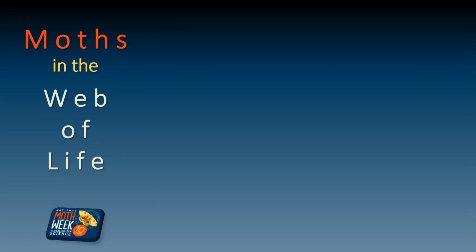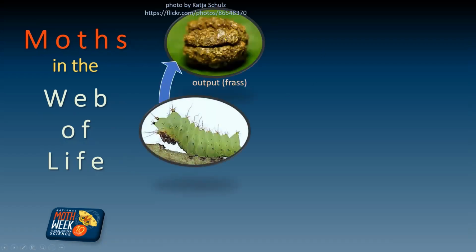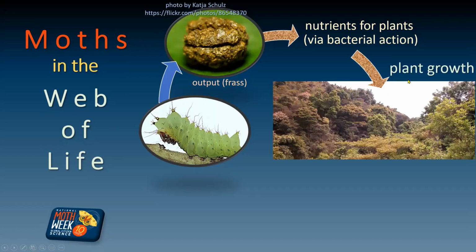So a bit more interaction, as an example, would be from the caterpillar through its output, through bacterial interaction from the output, forming extra nutrients for the forest to take up and grow. And this plant growth then becomes food for the caterpillar. You form a cycle.